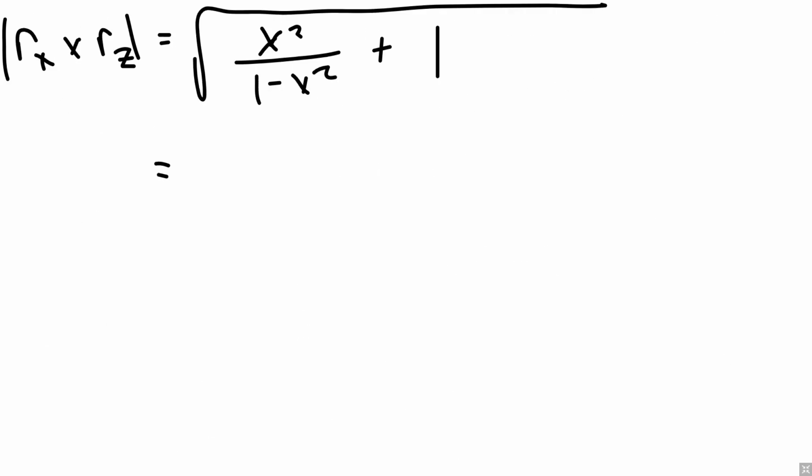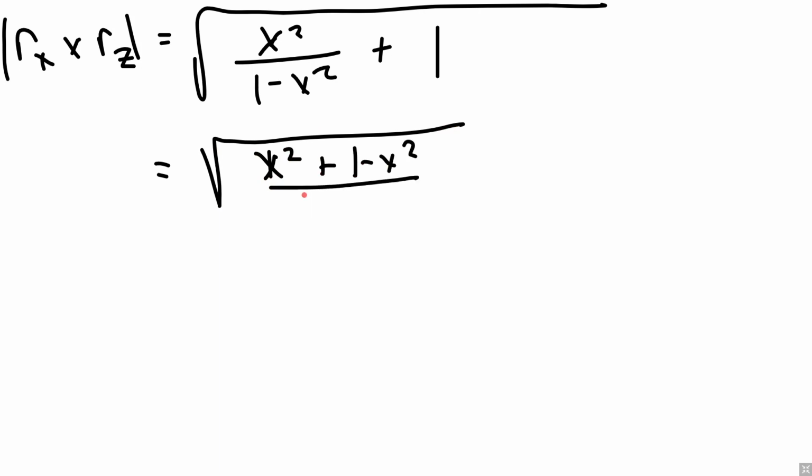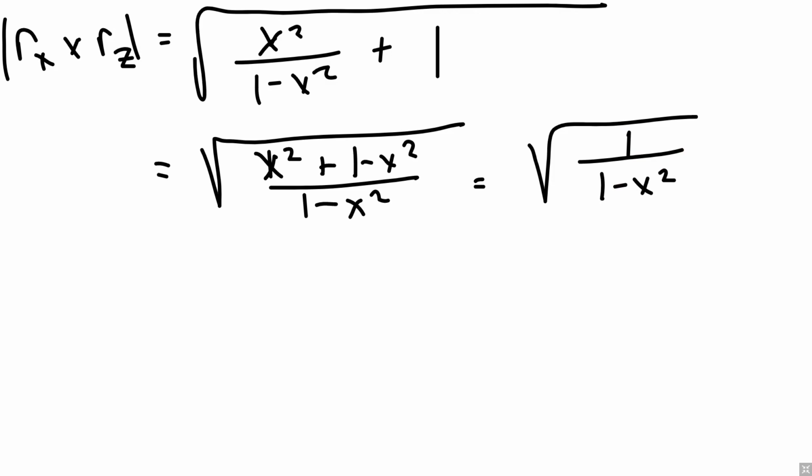Yes. So what I'm going to do is get a common denominator. So I'm going to have the square root of x squared plus 1 minus x squared, over 1 minus x squared. So really I'm doing the square root of 1 over 1 minus x squared. Okay, that's what it ends up being.